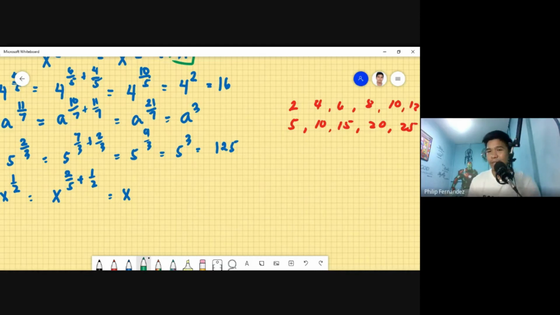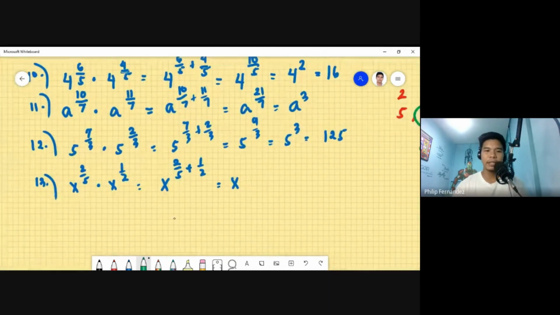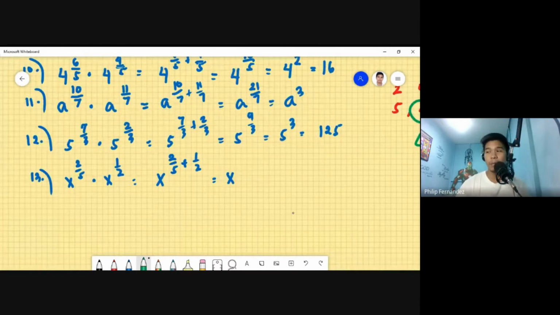What number is that? Pinakauna ha, yung pinakamaliit. So that is 10. Sa 10 sila unang nag-meet. So therefore, ang LCD natin is 10. So may LCD na tayo. Balik tayo dito. Yun yung pinakamabilis. So, ina-advise ko yun na lang gamitin kasi maliliit na number lang naman yung gagamitin natin dito.